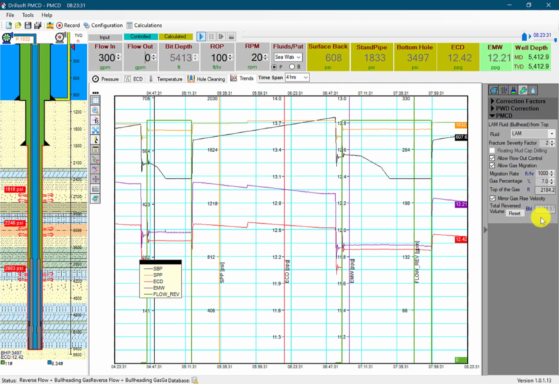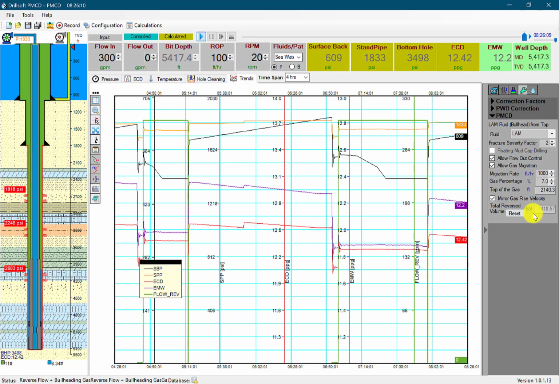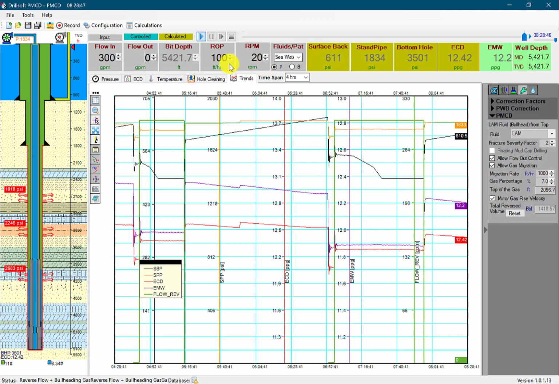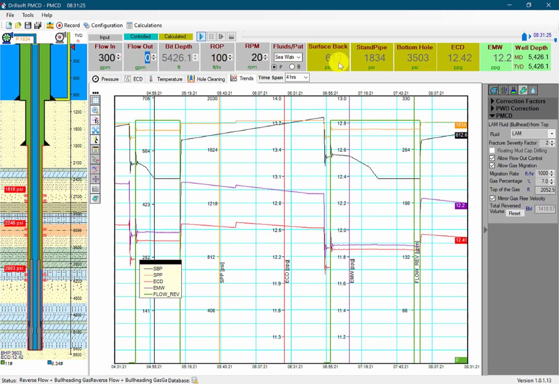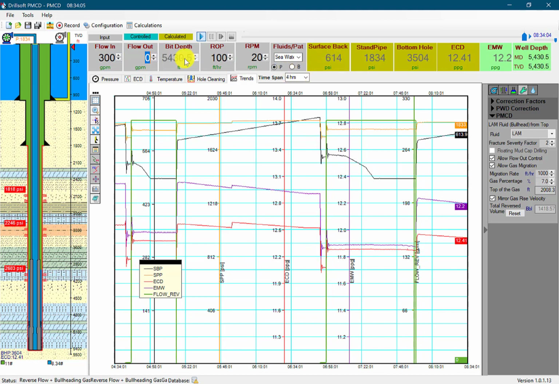So we're at 1,418 barrels of mud so far bullheaded. So let's try and bullhead less mud. For that case, we can start bullheading again at 615 psi.